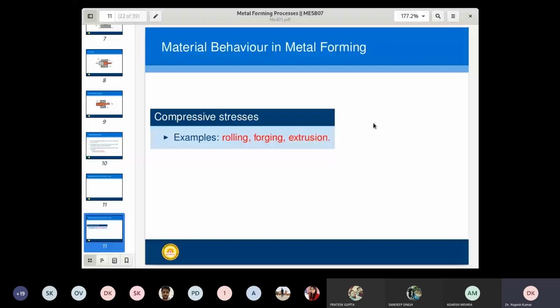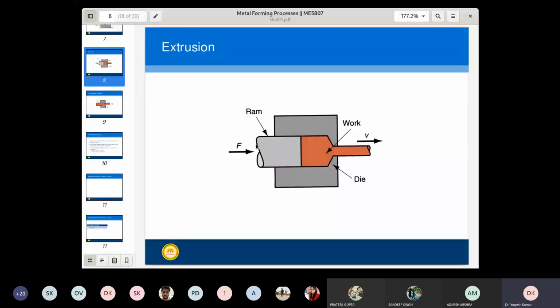Now we will try to understand where and when these stresses are developed. As I showed you earlier, under rolling, forging, and extrusion, compressive stresses are developed. How can we understand this? Let us come to rolling.